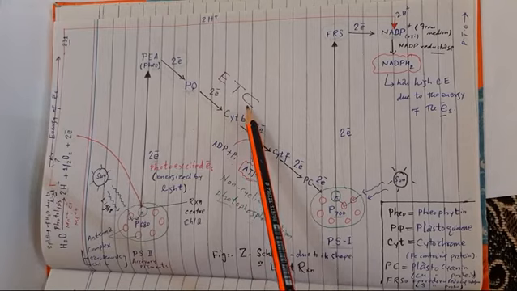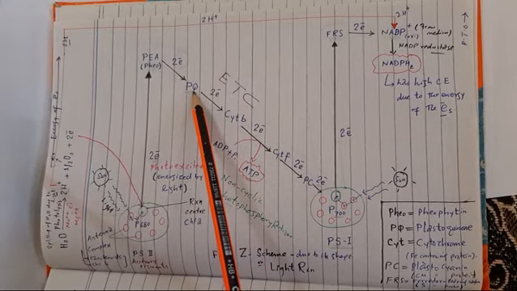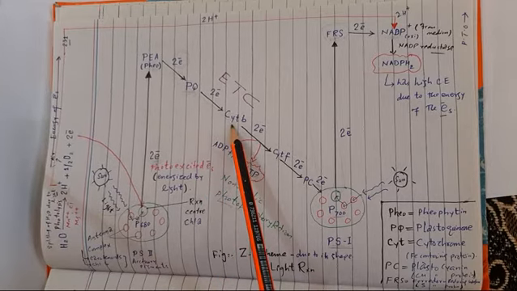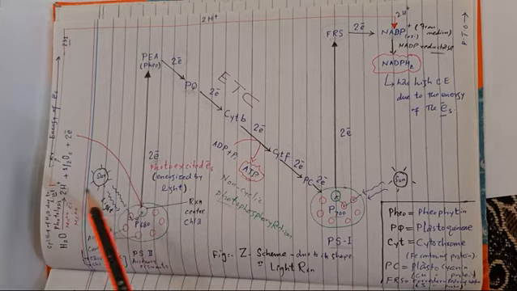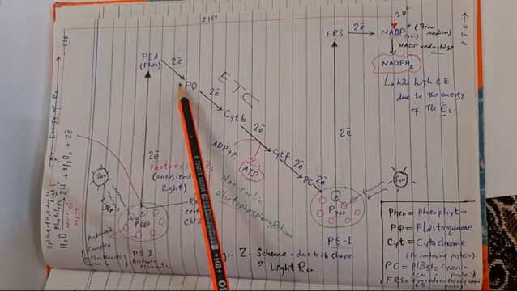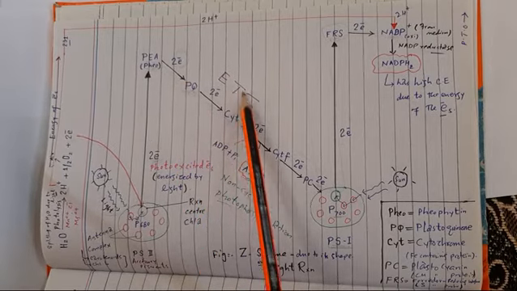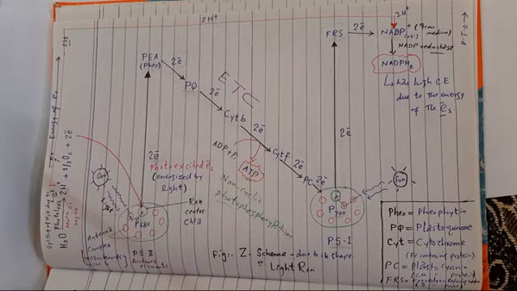The electron transport chain includes plastoquinone, cytochrome B, cytochrome F, and plastocyanin molecules. In the ETC, the molecules are alternately reduced when they gain electrons and oxidized when they lose electrons.